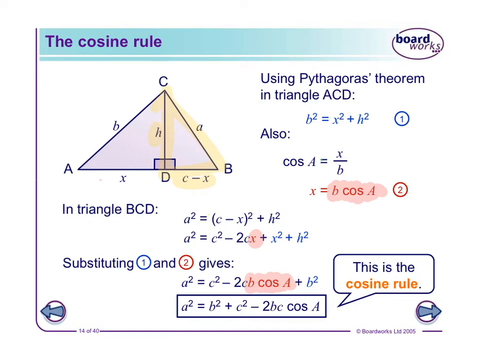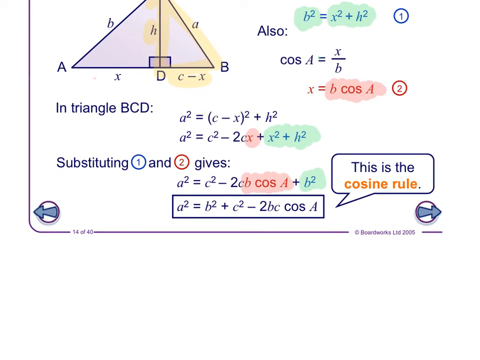Then wherever I see this H squared plus X squared, I can replace it with a B squared, because that's what it's equal to. All right, so then we've gotten rid of all our X's and all our H's, and we are left with this. That is the first version of the cosine rule.